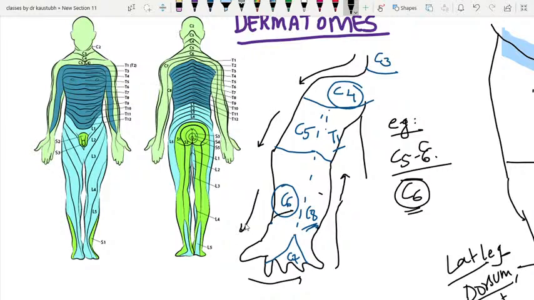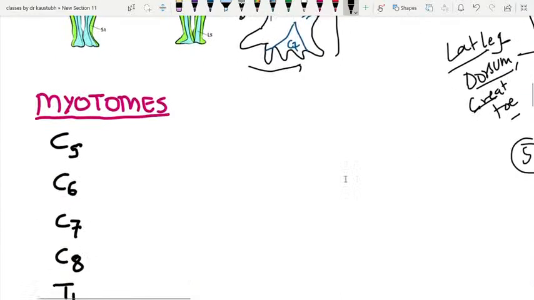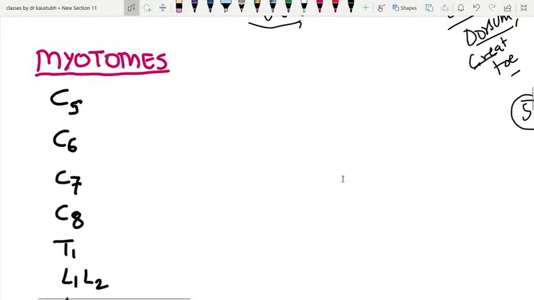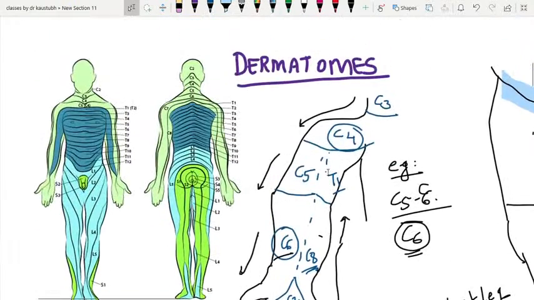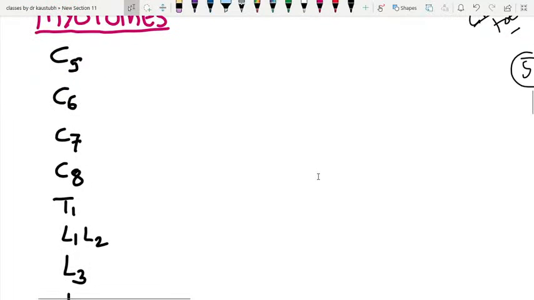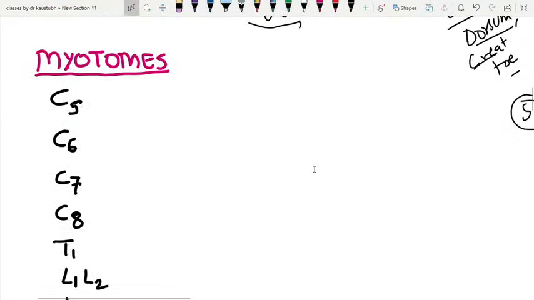So automatically what will happen? How will the patient present? The patient will present with loss of sensation in this area. That is how your dermatomes are going to help you, right? We are going to solve an MCQ after this. Everything will become simple. I purposefully decided to take these basics because there were doubts on how to remember this. It's very easy. These are the only things you need to remember.